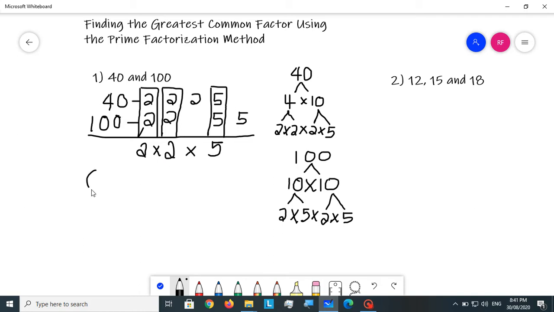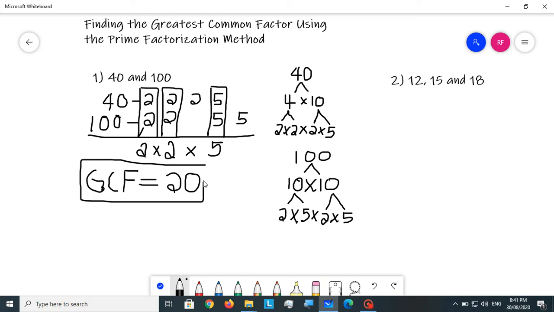So the GCF: 2 times 2 is 4, times 5 would be 20. So the GCF of 40 and 100 is 20.